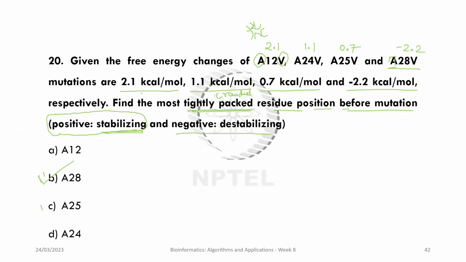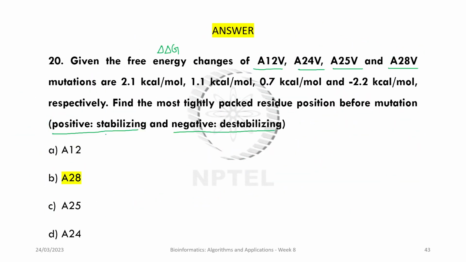So in general, whenever the change in free energy is positive, it is a stabilizing mutation, and whenever it is negative, it is a destabilizing mutation. In all cases, alanine is replaced with valine. So valine is a bigger amino acid compared to alanine. It's just a schematic.